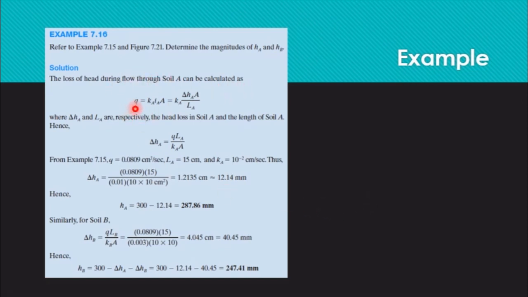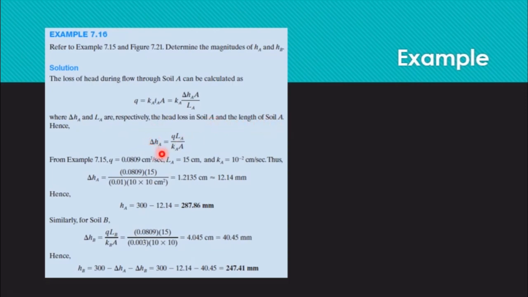Pero ang gagamitin natin K ay yung K ni soil A at yung i and then yung A ay yung cross-sectional area ng soil. And then, where delta H and L are respectively the head loss in soil A and the length of soil A. Okay. So, yan. Ito siya.